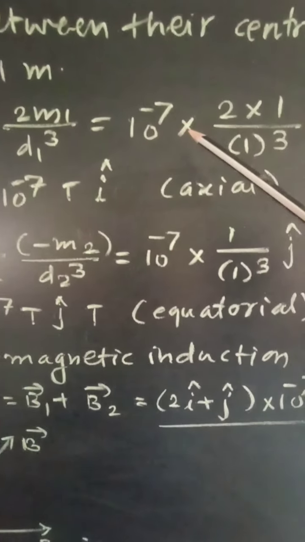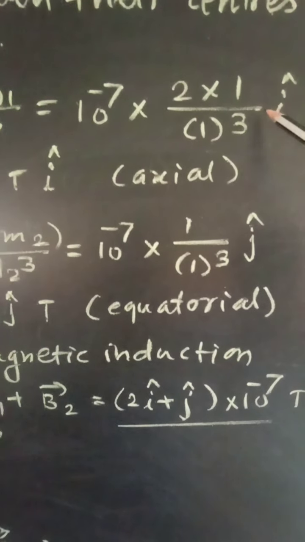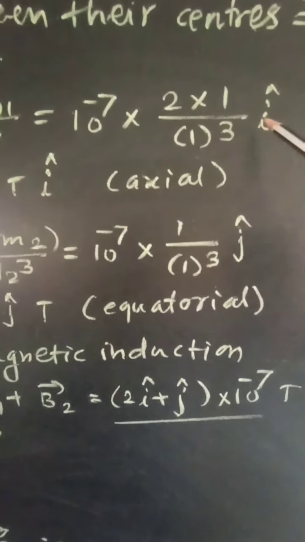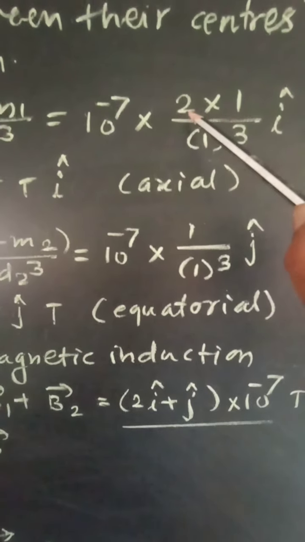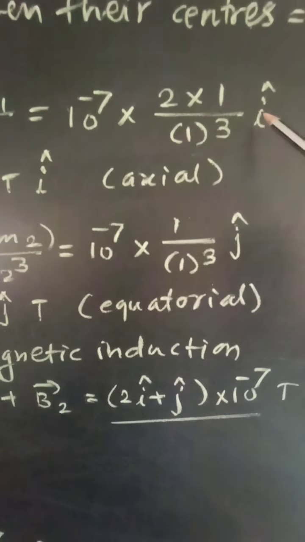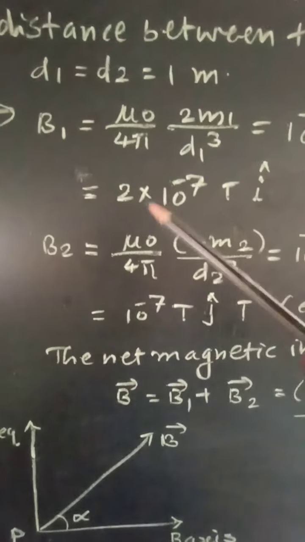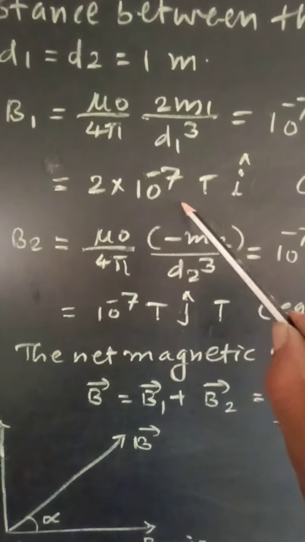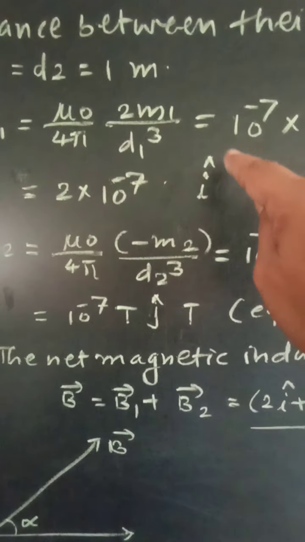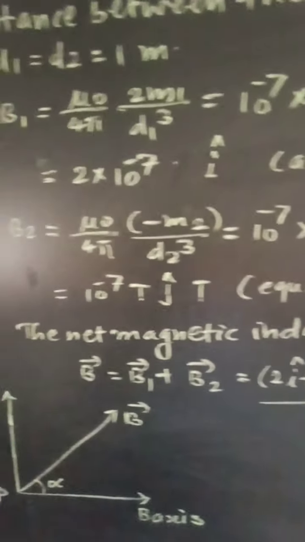Putting the values, we get 10 raised to minus 7 into 2 into 1 upon 1 cube into I cap, as it is directed along the x axis, where I cap is the unit vector along the direction of B1. So it is 2 into 10 raised to minus 7 I cap, that is the axial magnetic field.